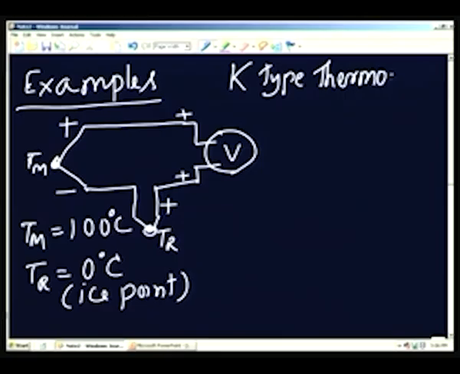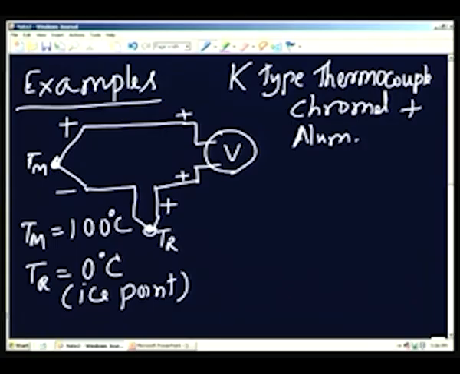So we already know what a K type thermocouple is, and the student is expected to remember what K type means. It is the chromel alumel thermocouple. Chromel is the positive element and the alumel is the negative element.